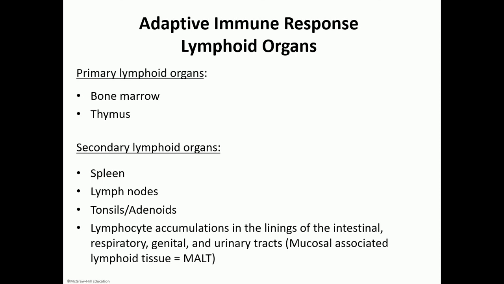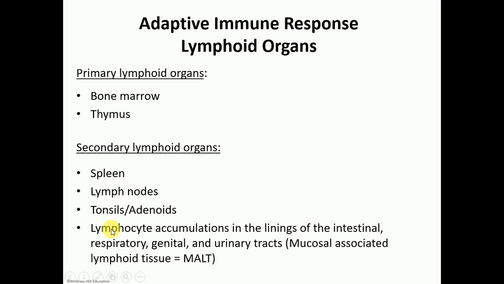That is why seniors are at high risk of getting infections, because of the degradation or disappearance of the thymus gland. Those are your primary lymphoid organs. We have secondary lymphoid organs, and those are the spleen, lymph nodes, the tonsils and adenoids.